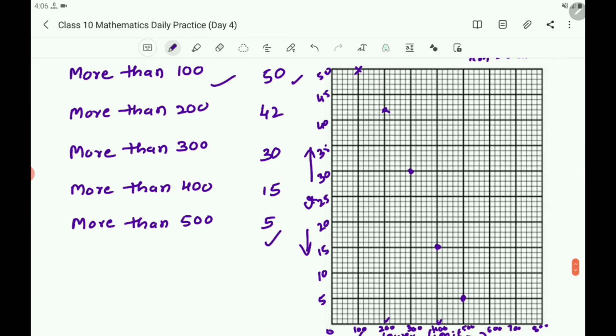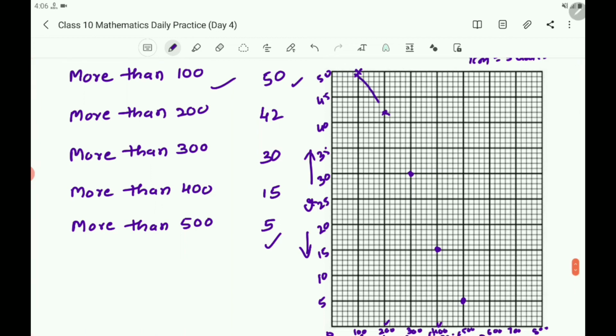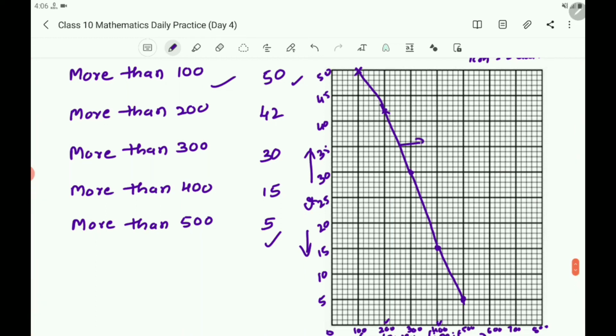Now you join all these points to get the more than type ogive. You got the ogive.